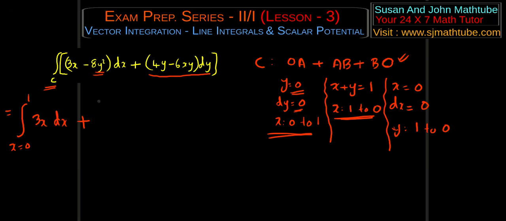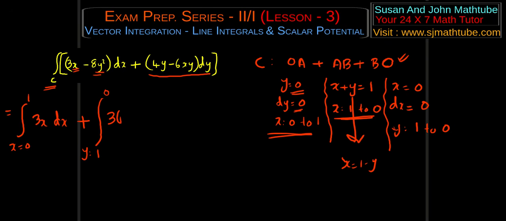In the next part, you have to be very careful. If you want, you can convert it into x or y as you wish. I'm going to change this into y. So y also varies from, I didn't write the limits earlier, 1 to 0. And then 3 into, what is x? Look at this, x plus y is 1, so x is equal to 1 minus y.